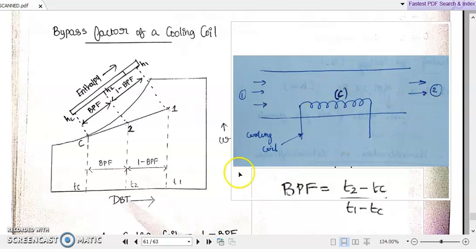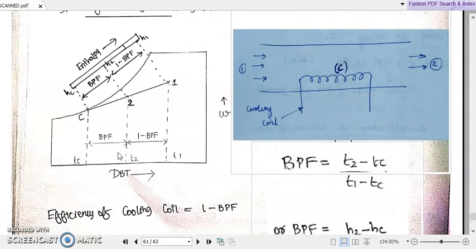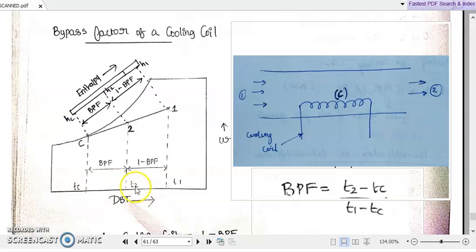So how can we represent this bypass factor? We can easily represent it using the dry bulb temperatures associated with points 1, 2, C, or using the enthalpies associated with these points 1, 2 and C. Suppose the dry bulb temperatures corresponding to 1 is T1, corresponding to 2 is T2, and corresponding to C is TC.